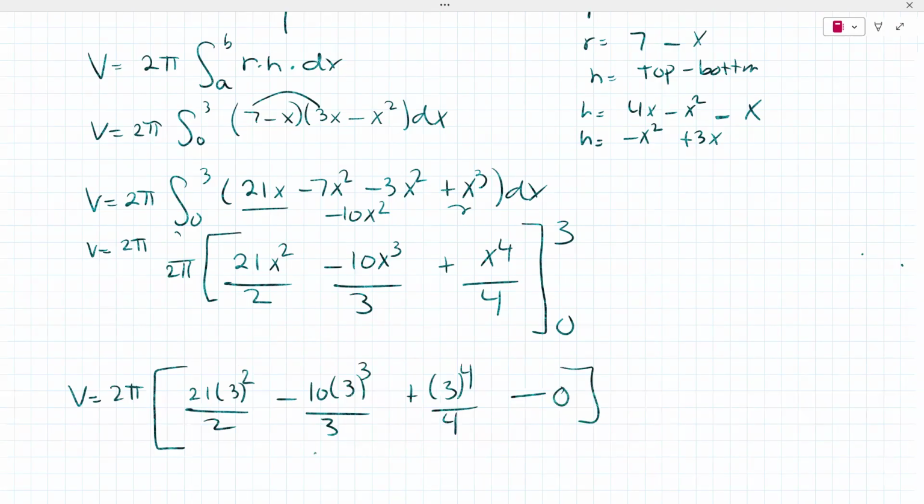When you put that in the calculator, you should get 99 over 4. Your final answer, when you do the algebra, should be 99 pi over 2. Okay, I will stop here. So this is the shell method.